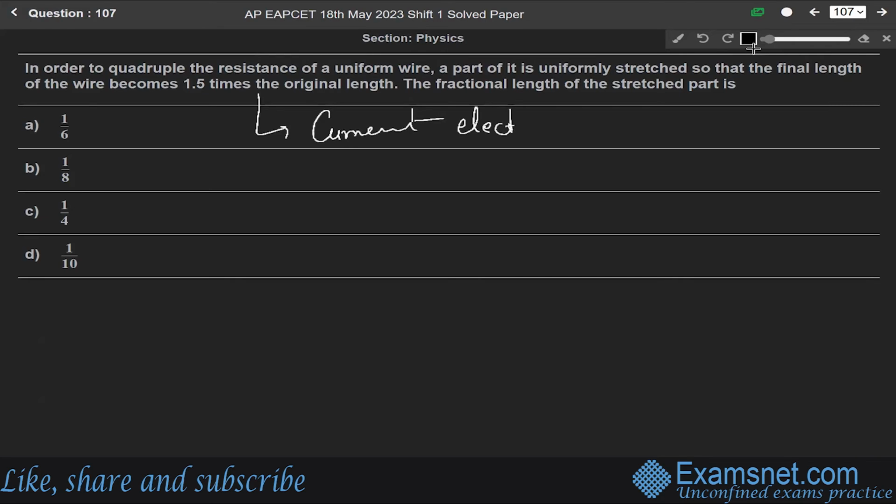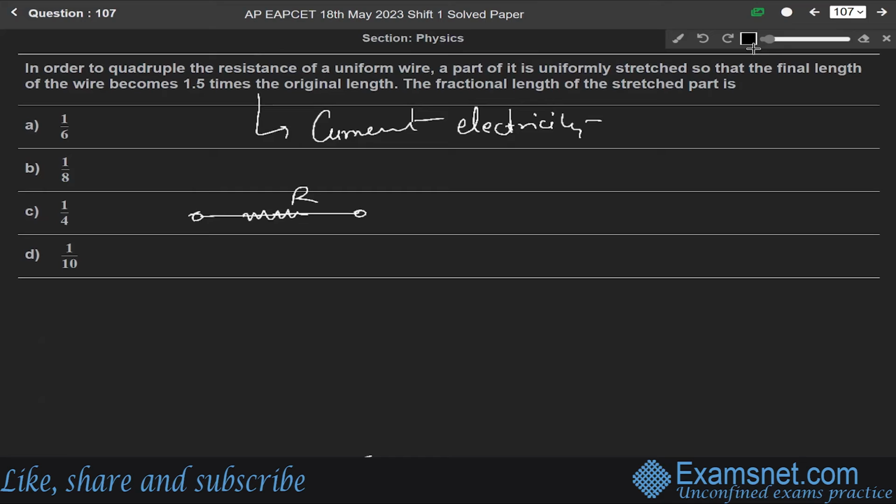Now it is saying that in order to quadruple the resistance of a uniform wire, let us say this is a uniform wire and we have to quadruple its resistance. Let us say its resistance is R. If we quadruple the resistance, a part of this is uniformly stretched so that the final length of the wire becomes 1.5 times the original length.